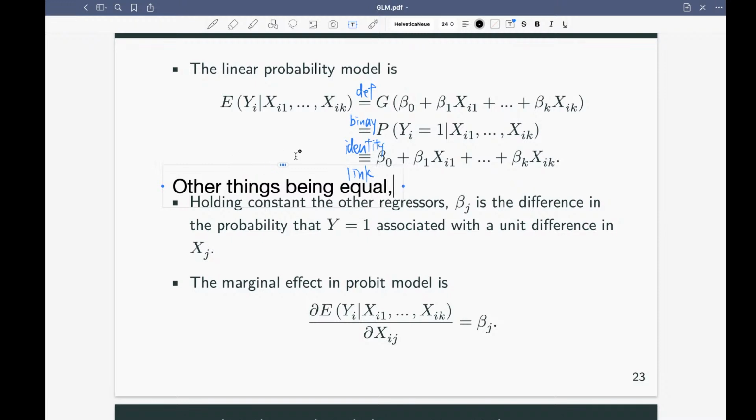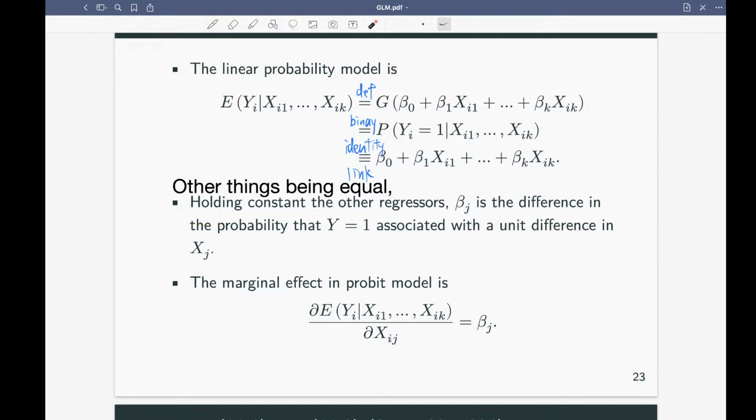They are the same. So when other things are equal, beta j is the difference in the probability of y equal to 1 with a unit difference in xj.